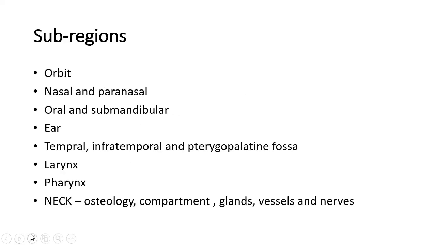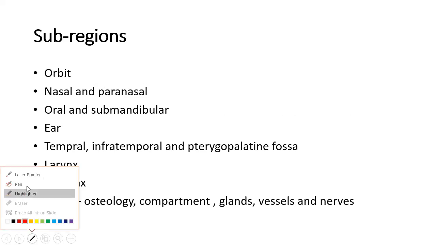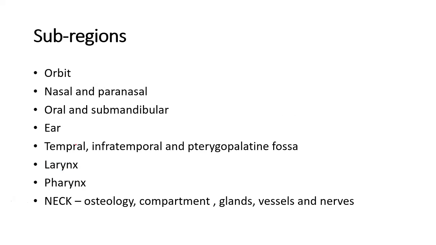So for now, I would like to just run through the subregions. We have the orbit, the nasal and the paranasals, the oral and the submandibular region, the ear, the temporal, the infratemporal, the pterygopalatine fossa, the larynx, the pharynx, and the neck.